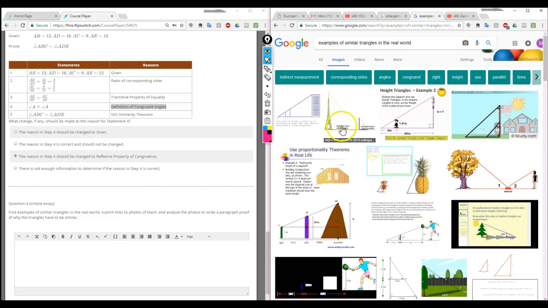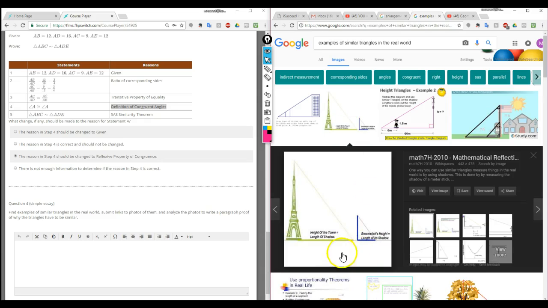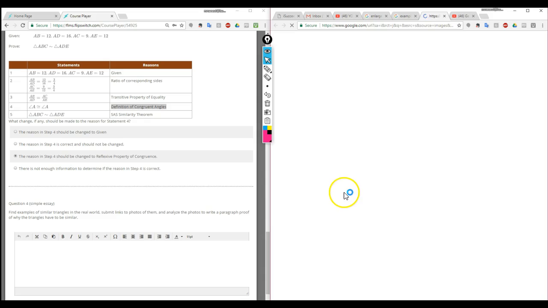So this one looks like it has the height of an Eiffel Tower. So I click on that, and the broomstick's height equals the length of its shadow. The height of the tower equals the length of the shadow. So how to do this, I would click on this.